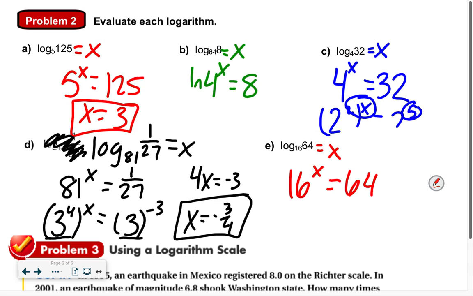Could I put a nice number in, like 16 squared is 64? 16 squared is 64? So you're saying my base should be what? 4? Why not 2? Does 2 not work? Is 2 to some power 16? No.